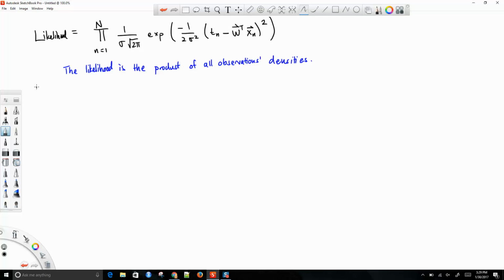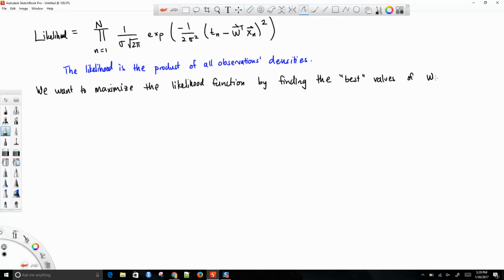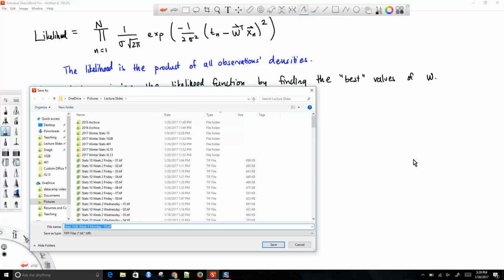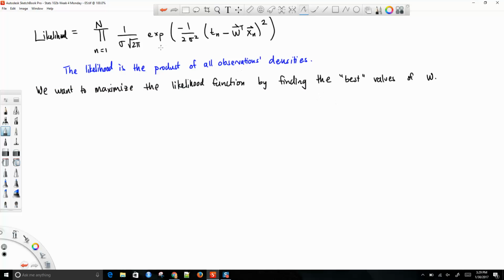So we want to maximize the likelihood function by finding the, I don't know, the quote best values of W. The best values of W will be the values of W that maximize this likelihood function. All right, so what should we do?